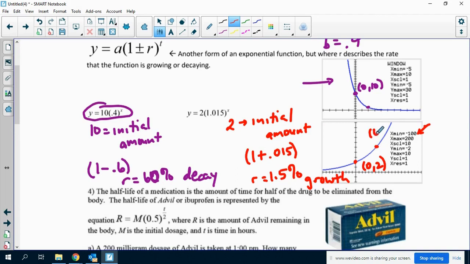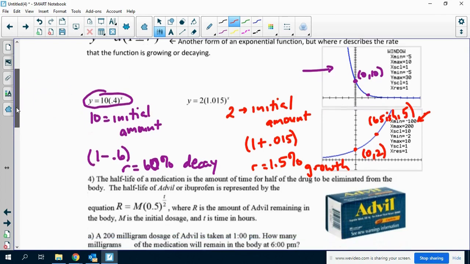So let's just say it's about 65-ish, comma 5. So what we're looking at is a very slow growth rate, which makes sense because the growth is about 1.5%. So that's kind of what that looks like.